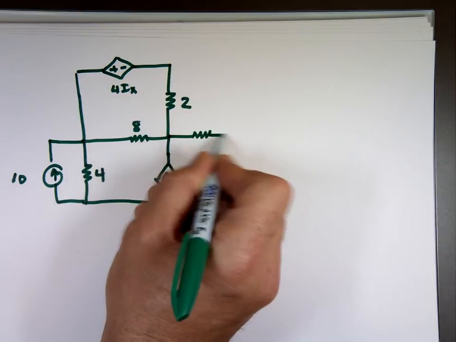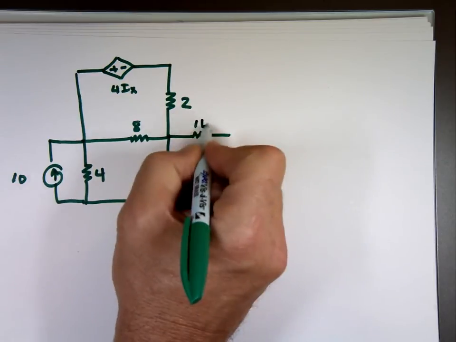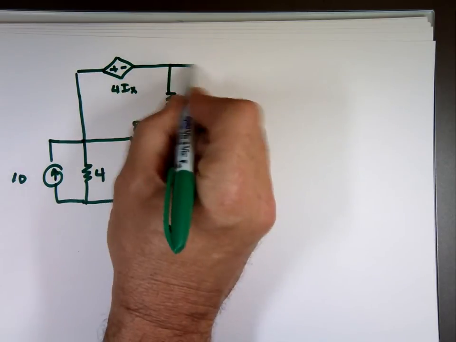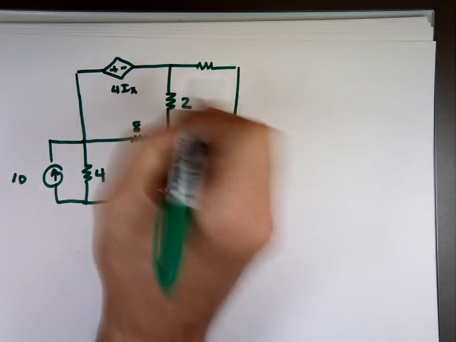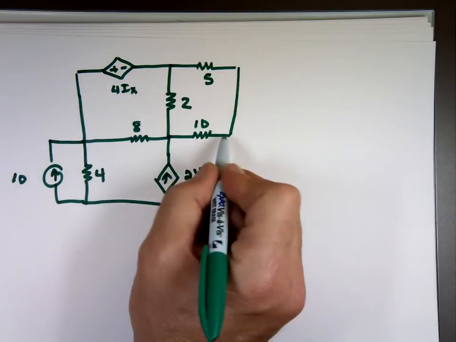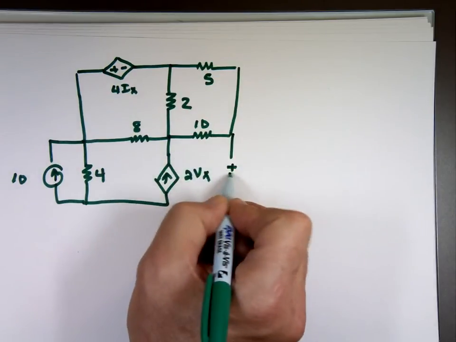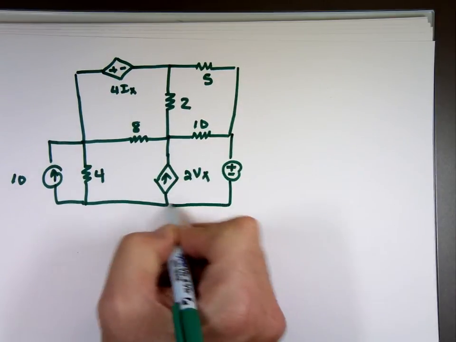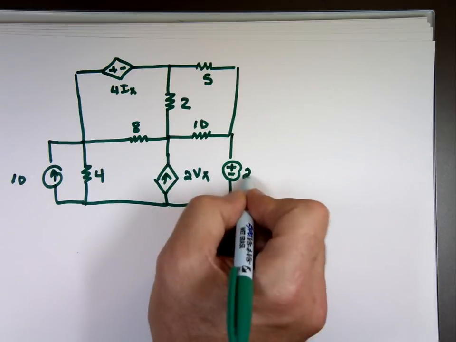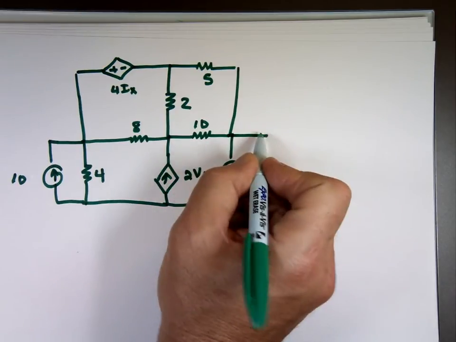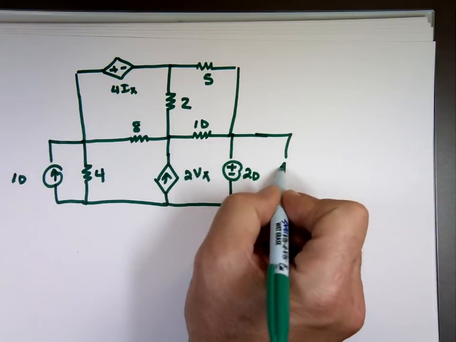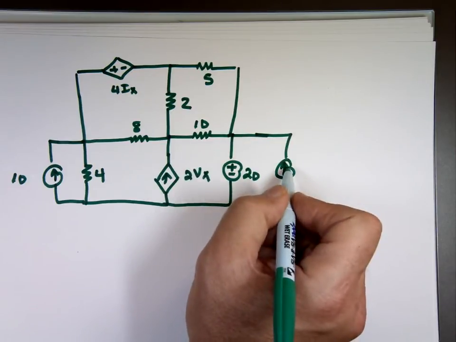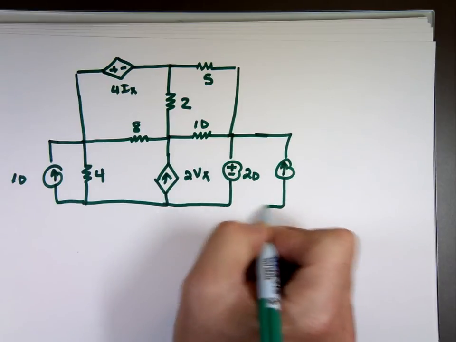This is 10. 5. I see the Vx. I'll label it in a minute. This is 20. This is 6 amps.